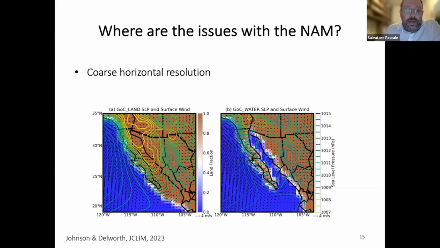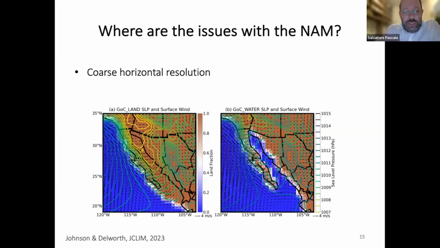In this study, they took a 50-kilometer resolution model and had two different runs, one in which they covered the Gulf of California with land, and one in which they properly represented it as a sea, okay?